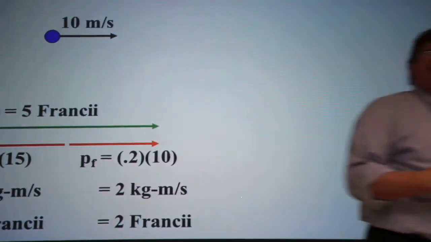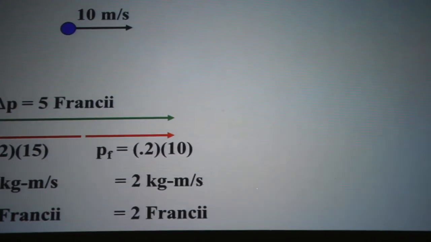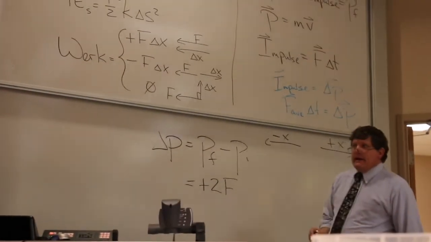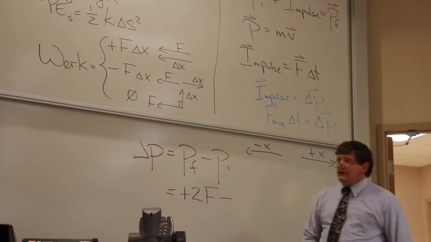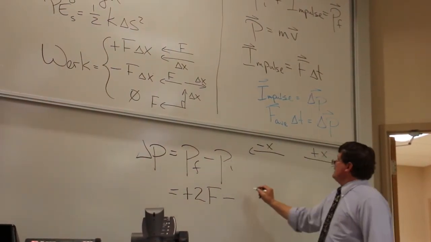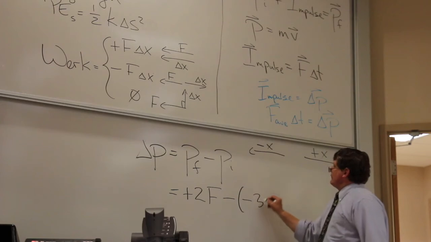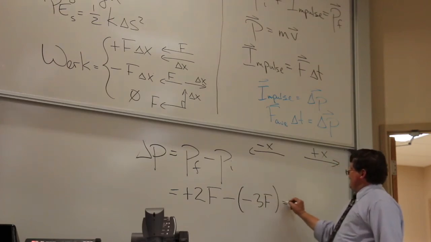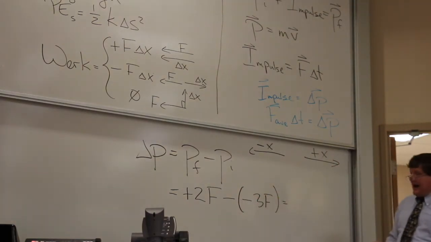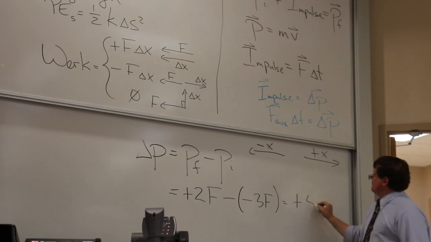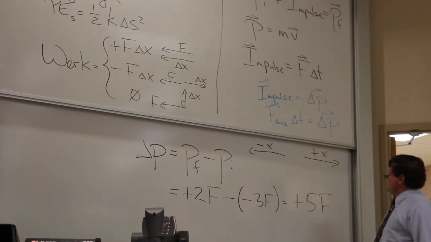And that's going to be to the right, or the positive x direction, plus 2 Franci. And then I subtract off the initial momentum, which is to the left, so it would be a negative 3 Franci. And the minus minus is adding, so that's going to be a positive 5 Franci.